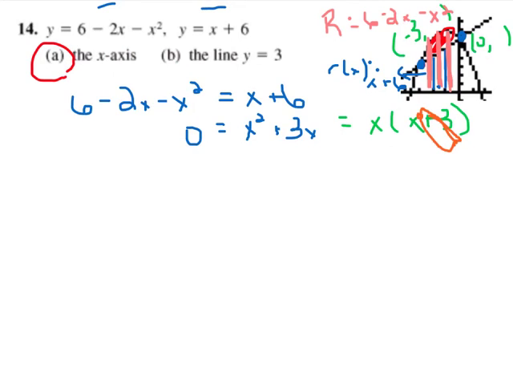Okay, so now we're going to integrate pi times the integral of big radius squared minus little radius squared. Keep in mind that the axis of revolution is just the x-axis. It's not a shift of any kind, so we didn't really have to think too hard about the radii.